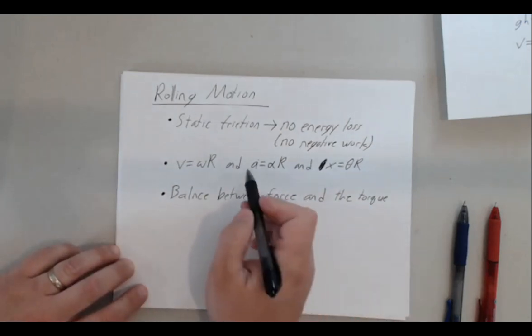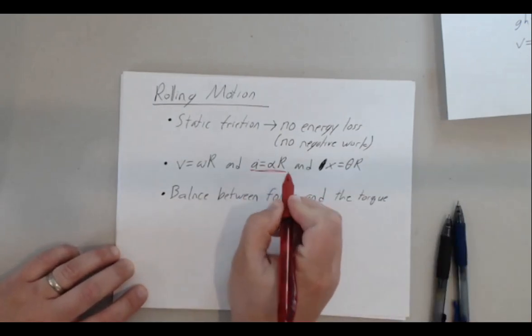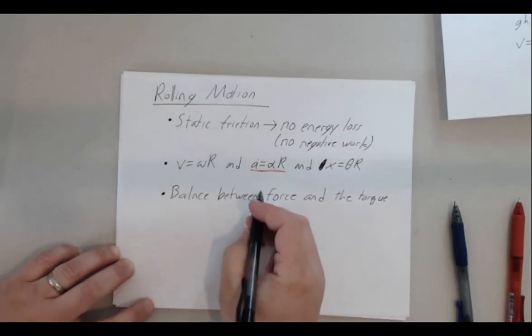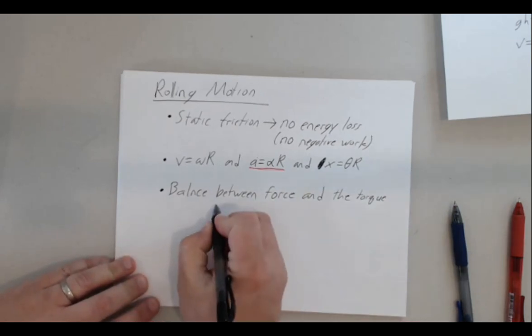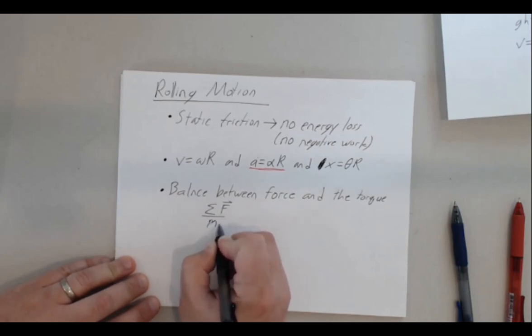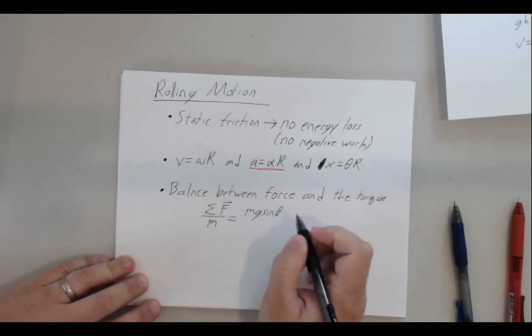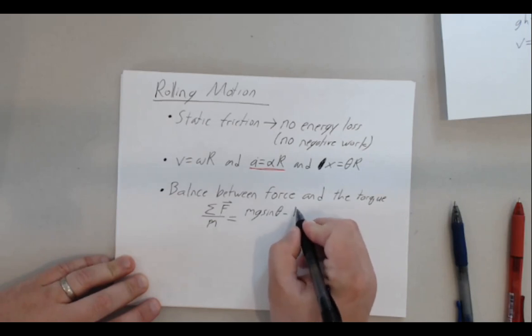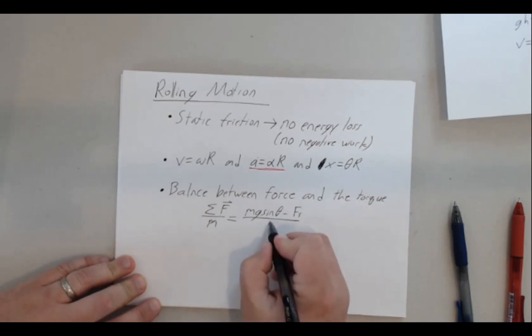And I can get that balance from this equation right here. Okay? Newton's second law tells me that acceleration is the sum of the forces divided by the mass. Which in this case, we've got gravity, mg sine theta going downhill, and we've got some static friction force going uphill, divided by mass.